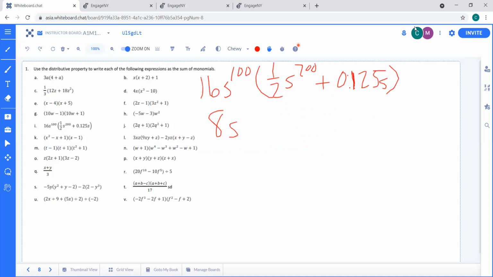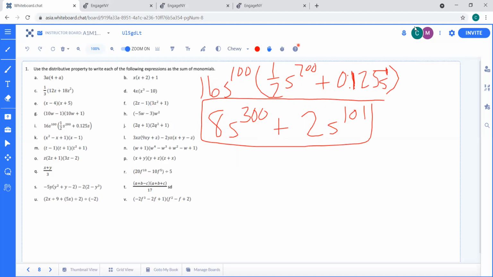Because when we multiply, we add, so that would be 300. Now the next term, what is 16 times 0.125? 16 times 0.125 is 2. f to the 101, because remember, there's a 1 here, and we still have to add them. And there's our answer. That's just simply doing distributive property.